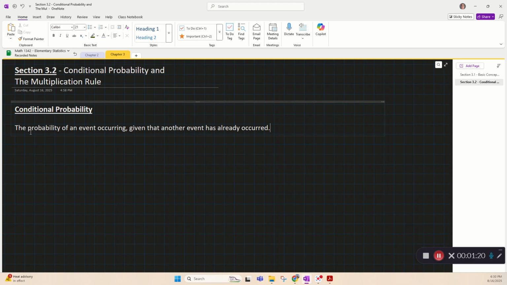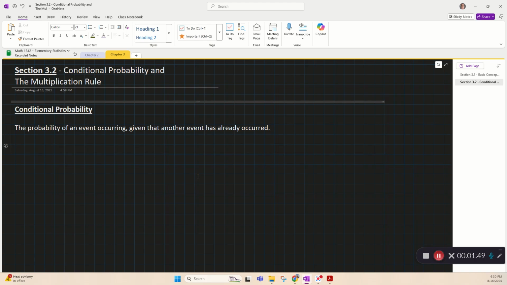So that means rain's pretty close. It's not guaranteed that you're going to get rain, but it's close enough that you're hearing the thunder from it. So it may not be 20% in your mind anymore. You may be thinking it's more like 80%. But anyways, so conditional probability is the probability of an event occurring given that another event has already occurred.